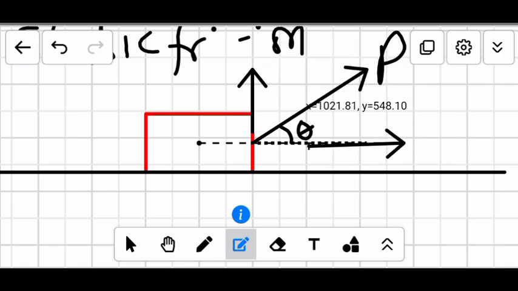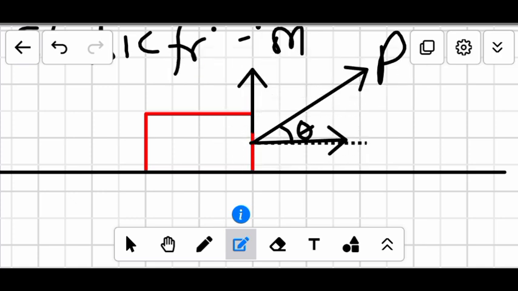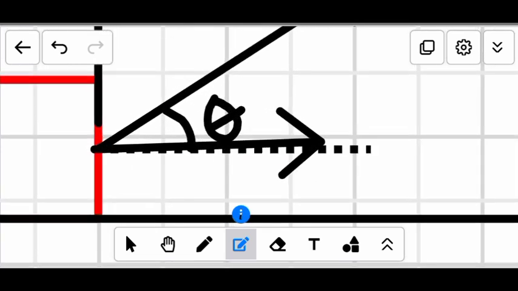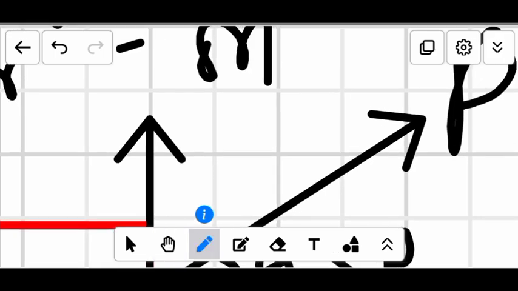That is how it's going to act. So these vertical and horizontal components, this would be Px, and we're going to have the Py.